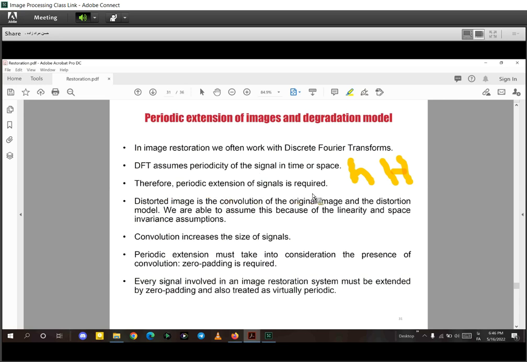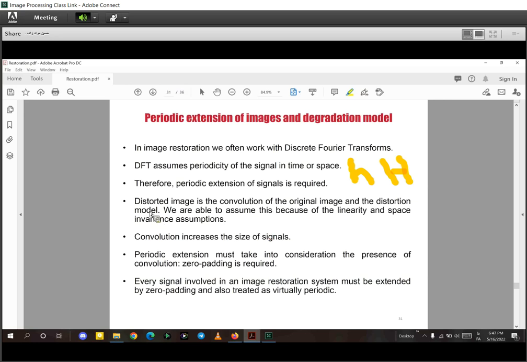Therefore, a periodic extension of signals is required. We said both of them, F the input signal and H the system, should be extended, HE and FE, and we say periodic extension of signals is required.